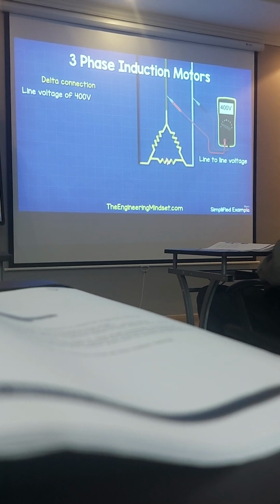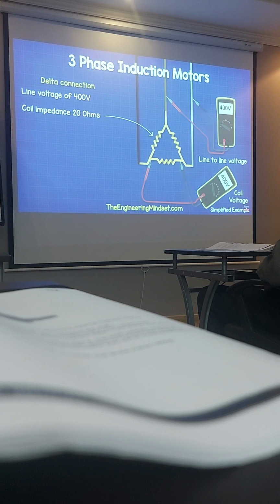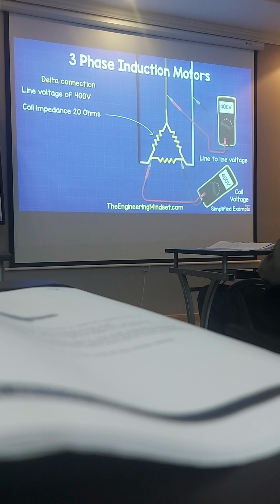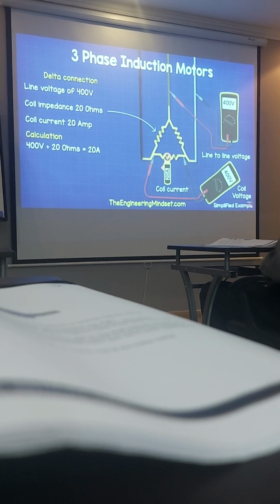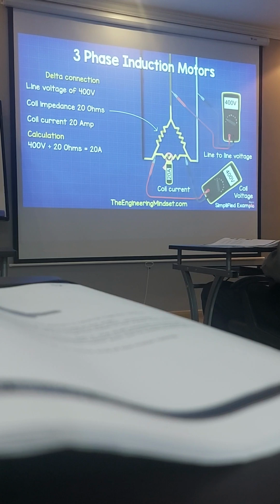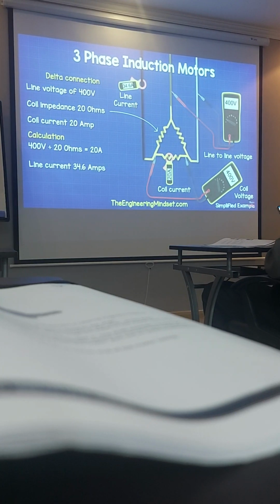Now, if we measure across the two ends of a coil, we again see the line-to-line voltage of 400 volts. Let's say each coil has a resistance or impedance, as this is alternating current, of 20 ohms. That means we will get a current reading on the coil of 20 amps. We can calculate that from 400 volts divided by 20 ohms, which is 20 amps. But the current in the line will be different.